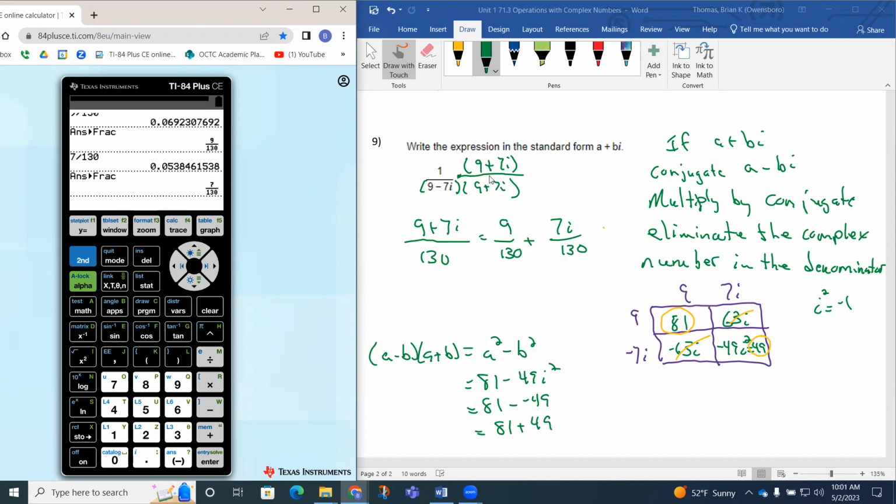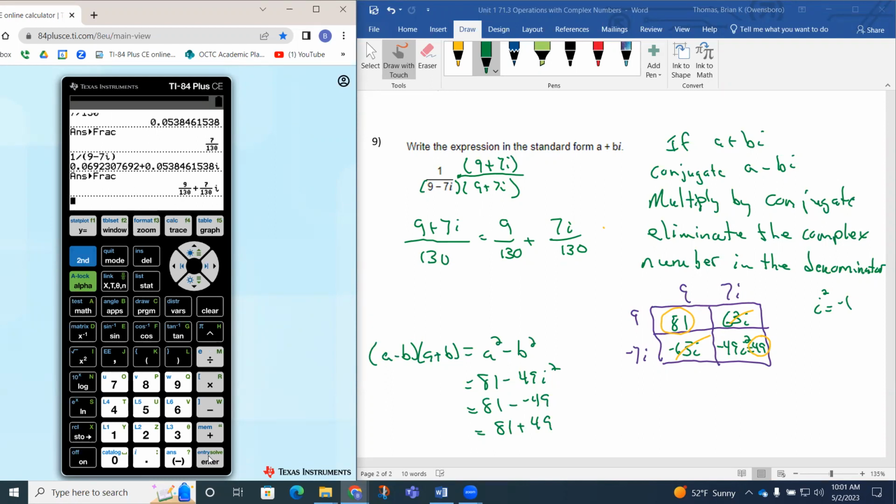Now, if I just put it in the calculator as is, 1 divided by 9 minus 7i, I'm kind of curious if it rationalizes it for us. But notice how when it does, it gives us these decimals. So the calculator is not all that great. I mean, if I hit math and say back to a fraction, yeah, it does work.